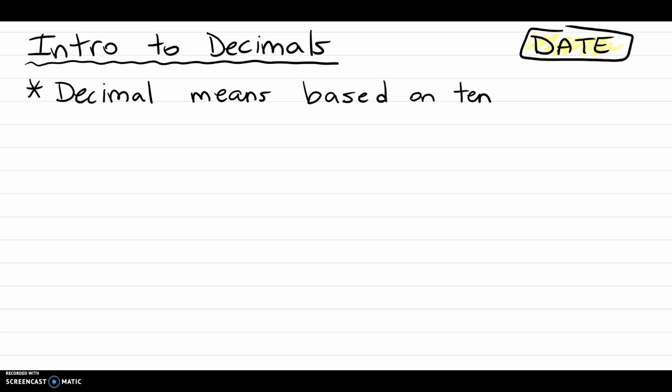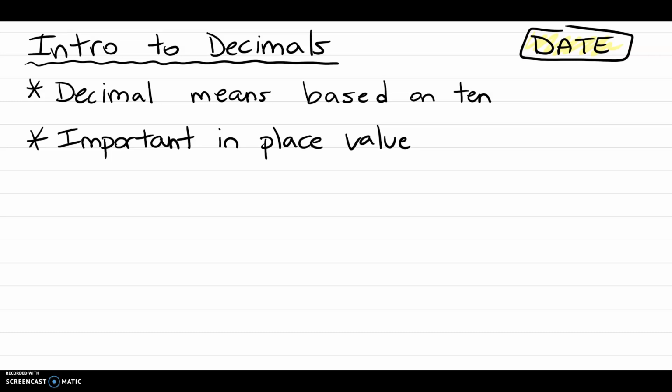So decimal is based on 10. So decimals are important when we're looking at place value, and the position of each digit is important in the place value.